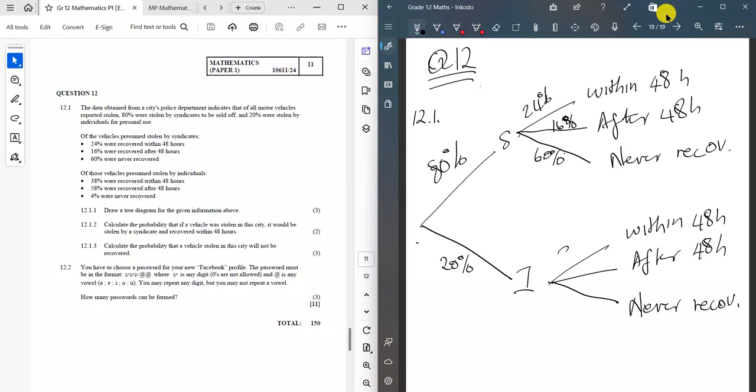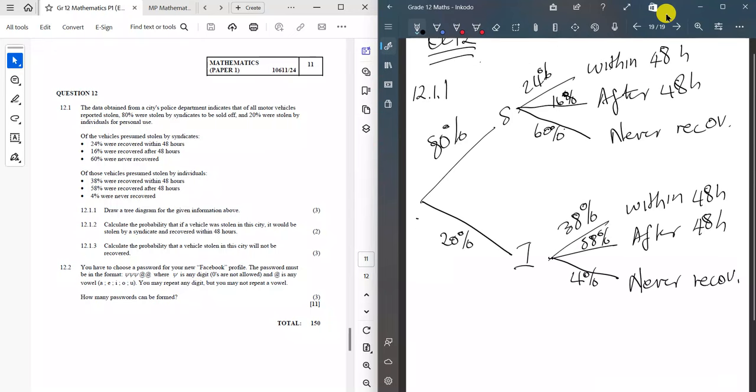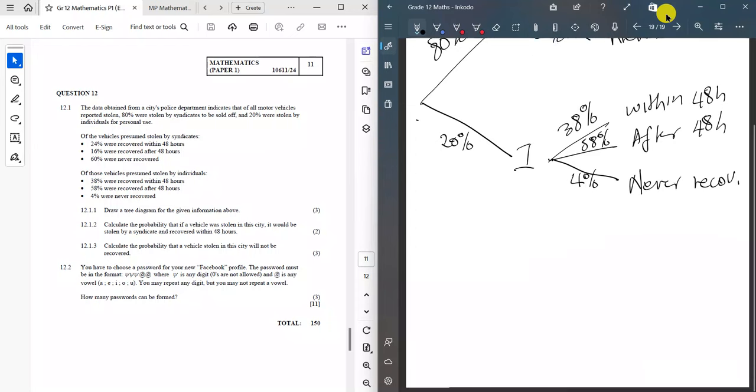So 38% were recovered within 48 hours, 58% were recovered after 48 hours, and 4% were never recovered. So for 12.1.1, they say draw a tree diagram. This is us drawing a tree diagram. Perfect.